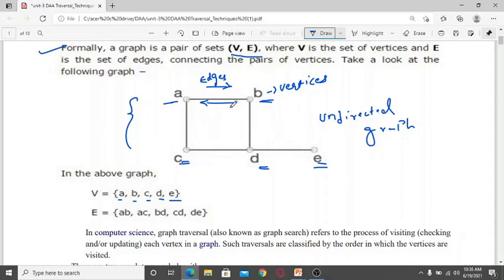But we need to give the names: from A to B, from A to C, from B to D, from C to D, from D to E. So when we write here vertices and edges, then your graph traversal is this.